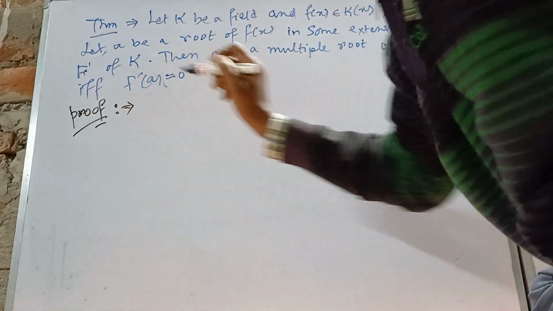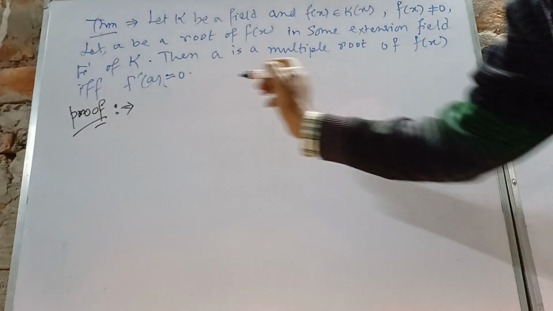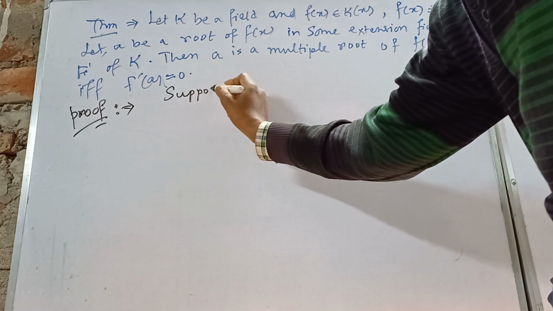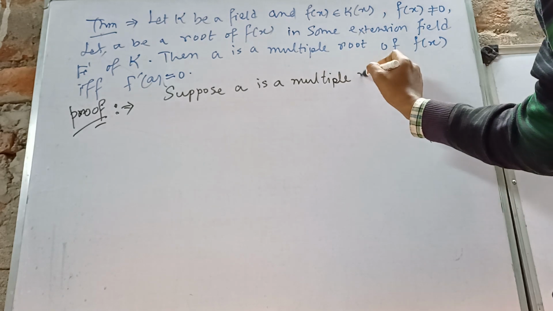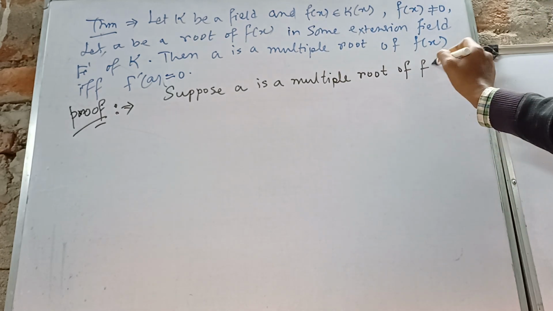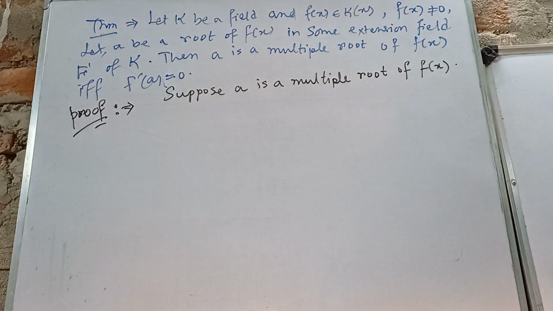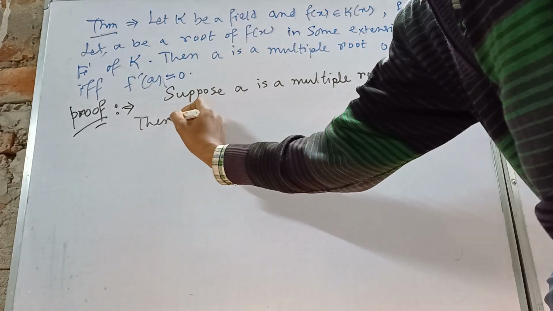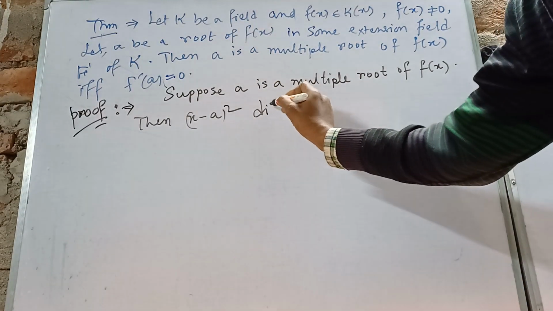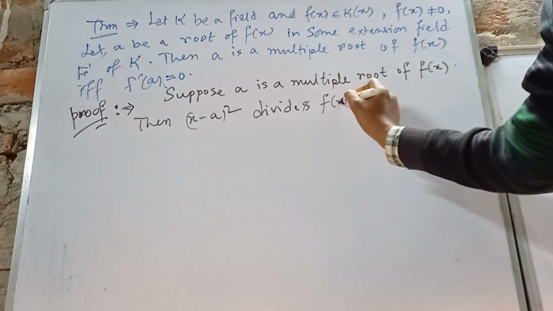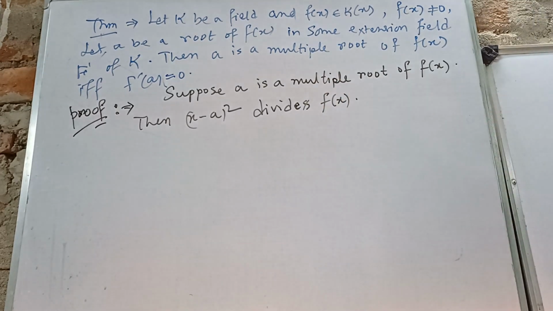Suppose a is a multiple root of f(x). Then (x - a)^2 divides f(x). That means (x - a) divides f(x), but since it is a multiple root, (x - a)^2 divides f(x) at least.